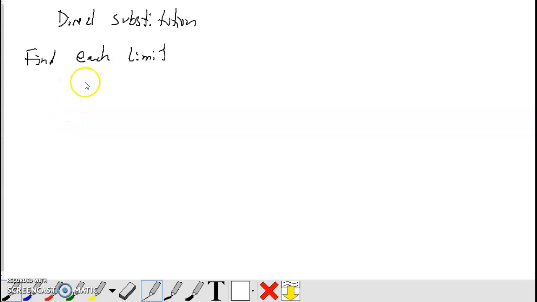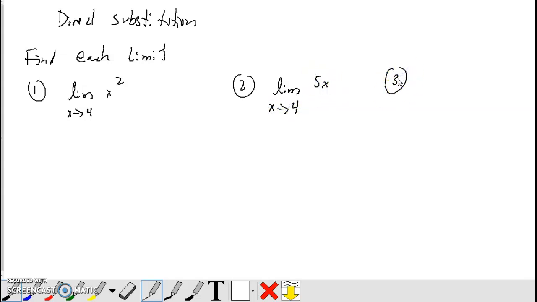I'll put all of them up that we're going to do, and then you can pause it. So the limit as x approaches 4 of x squared, that'll be our first one, and then the limit as x approaches 4 of 5x, and then how about this one? The limit as x approaches pi of tangent of x over x.